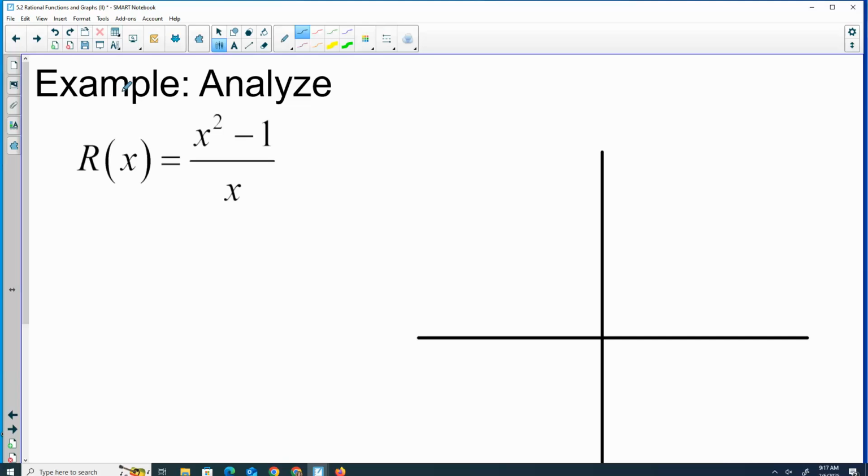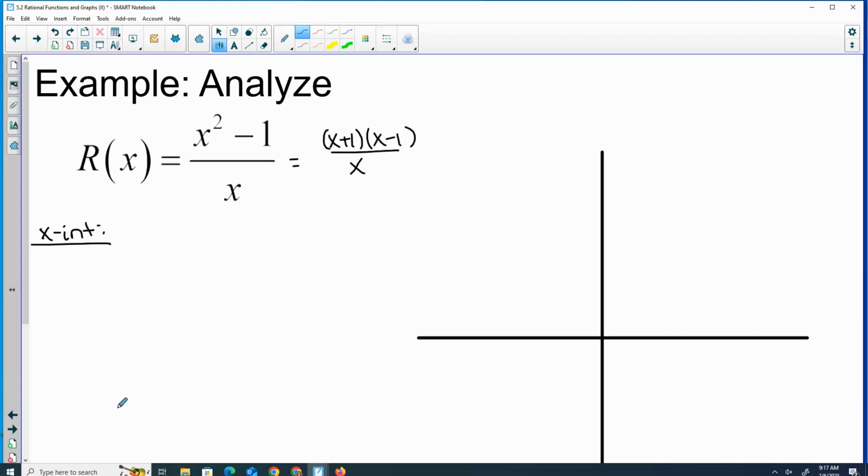Let's try this one. Alright, how's the top factor? So again, nothing cancels. X-intercept.